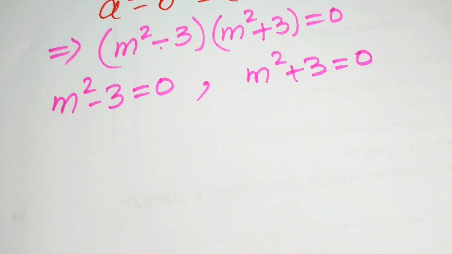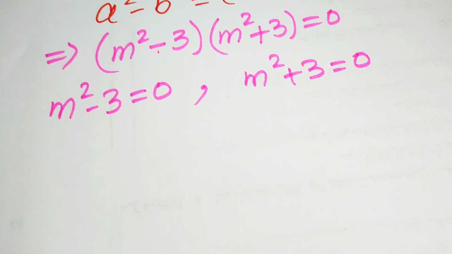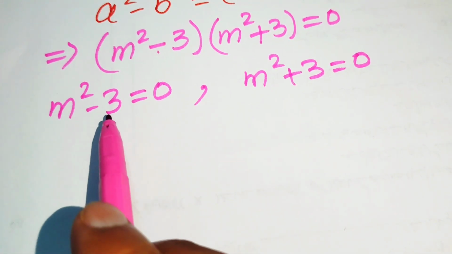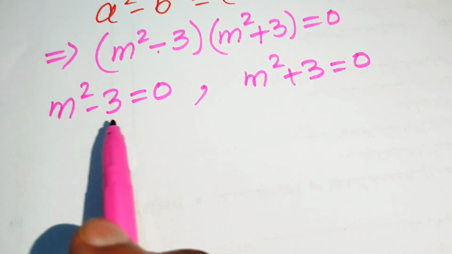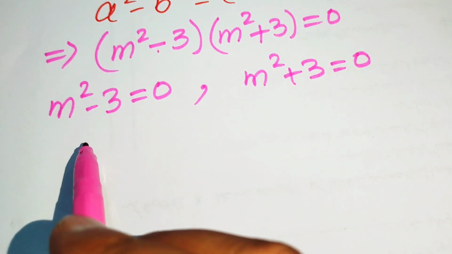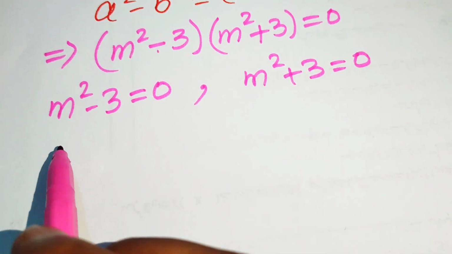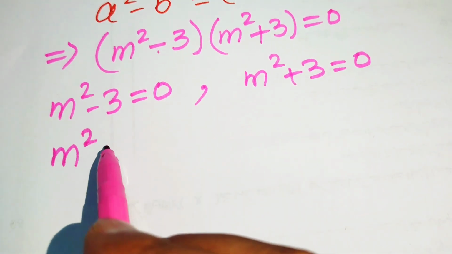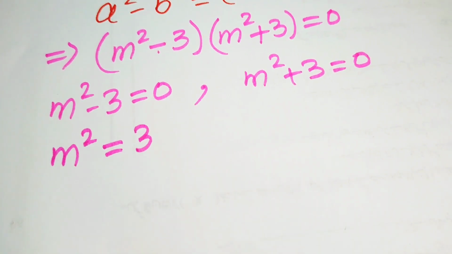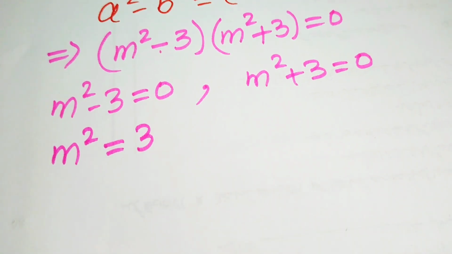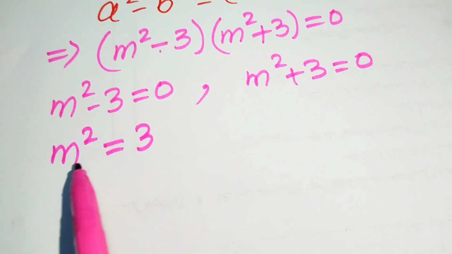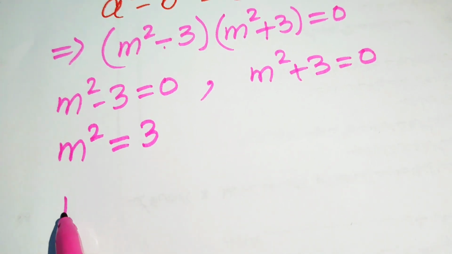Now first we focus on the first case, m square minus 3 equals 0. We move this minus 3 to the right hand side, and it will be written as m square equals 3. Here we need to find the value of m, so we take the square root on both sides of this equation.